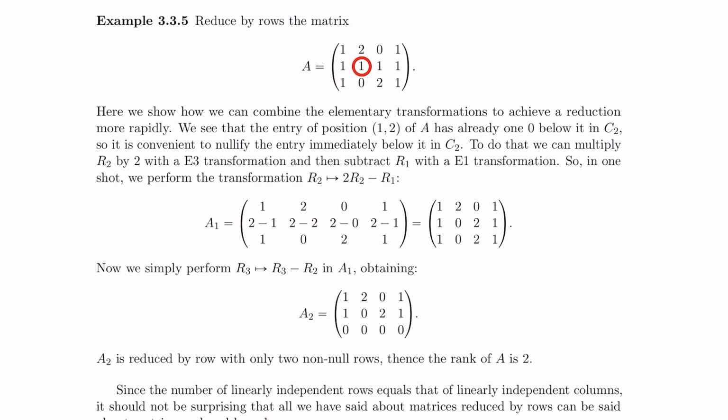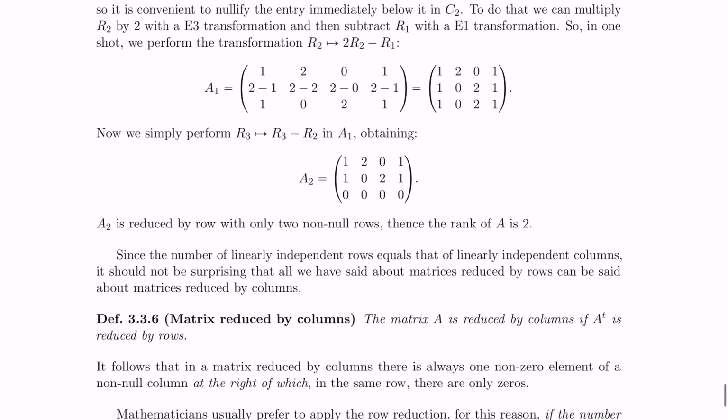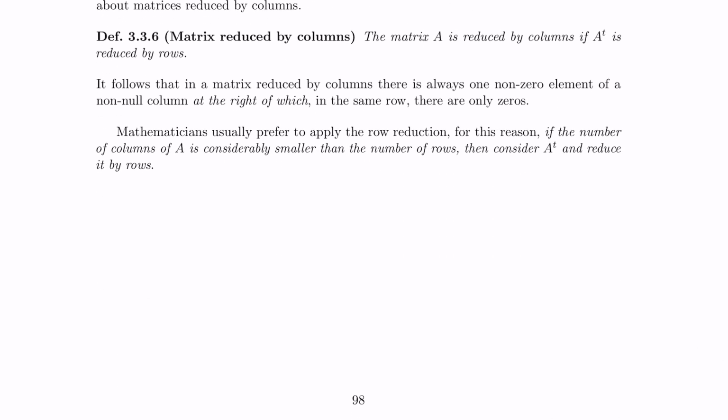Until now, we have just talked about reduction of matrices by rows. You can wonder if we can talk about reduction by columns. The answer is yes. Not surprisingly, we say that a matrix is reduced by columns if its transpose is reduced by rows.